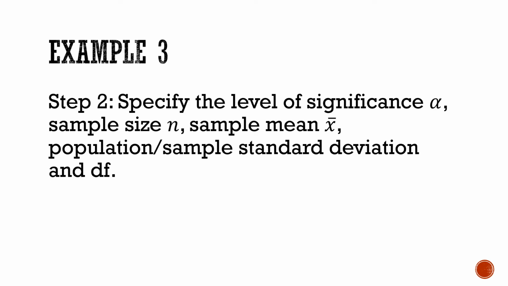We are to specify the level of significance alpha, sample size n, sample mean x bar, and population or sample standard deviation. And since we are dealing with t and the sample size is less than 30, we are going to compute for the degrees of freedom. Alpha is 0.05. The sample size is 25.